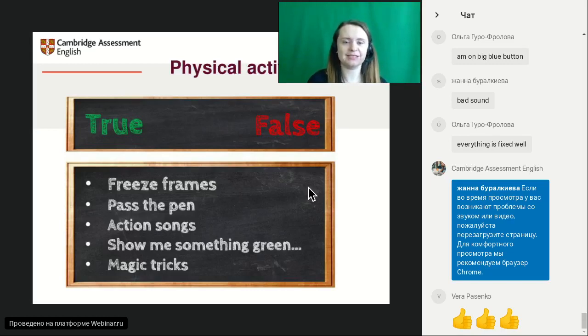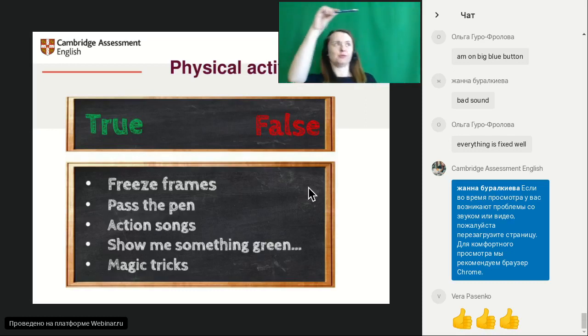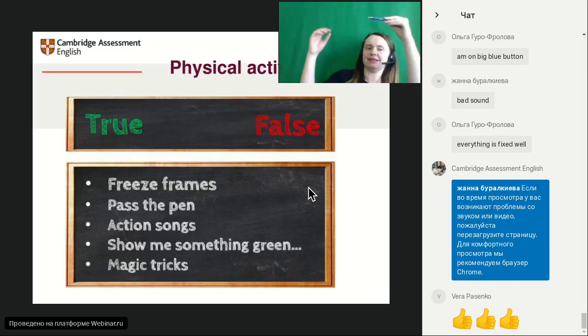Passing the pen is not really that physical, but when you have a group of students, they make some kind of a frame, let's put it this way. They all have pens or pencils, whatever, and I ask them to pass their pen to one of the sides. The person needs to see who the pen is passed to and take it.